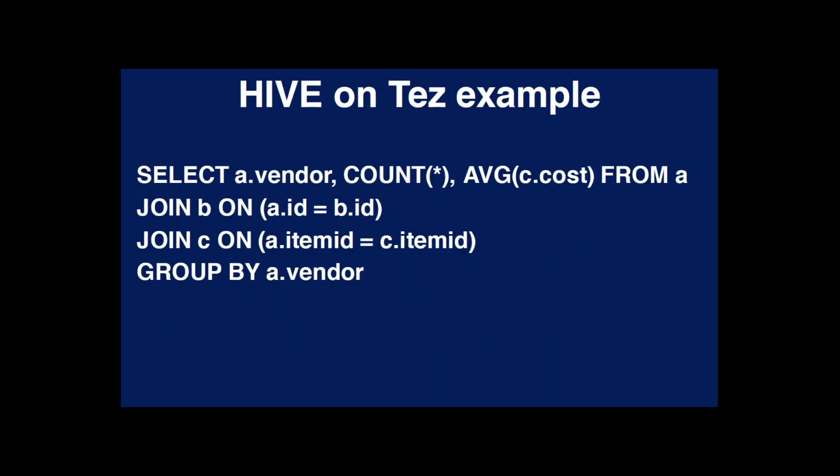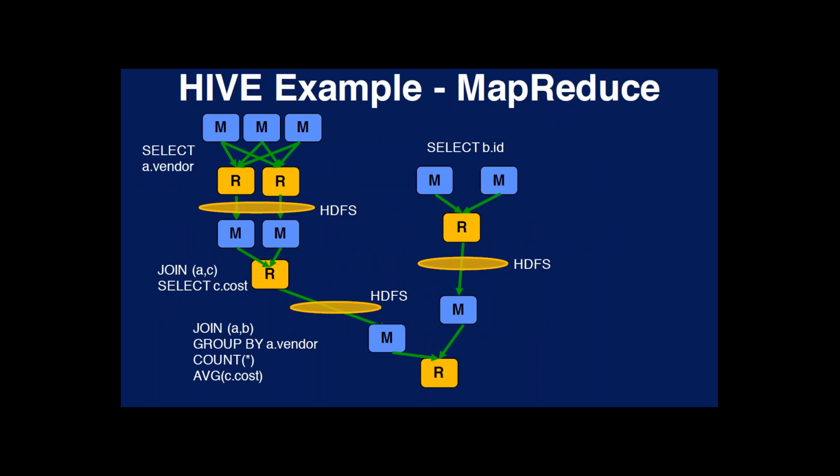So this is one of the examples. This is how a Hive example works, where one select query will result in multiple mappers and reducers. The first step is select, that is a mapper, and then a reducer, and join is again a reducer, one more join, and one more select is coming parallelly, which is a mapper and reducer, and another mapper, and then we will join.